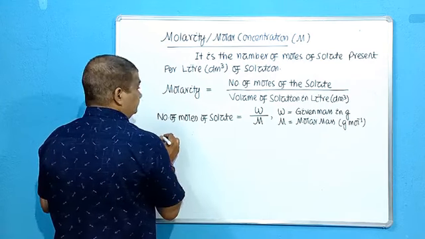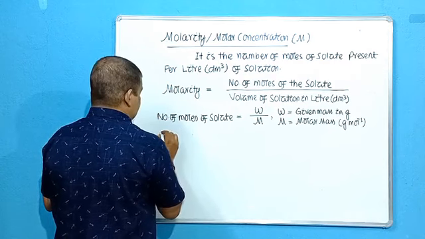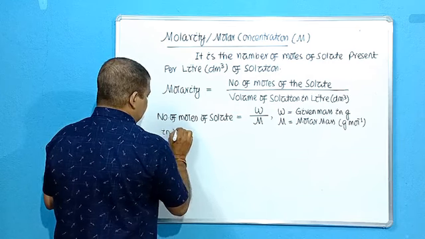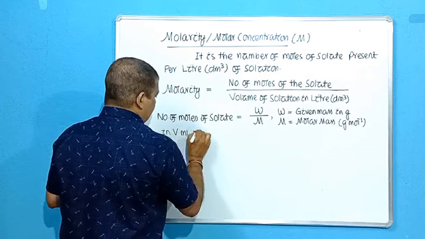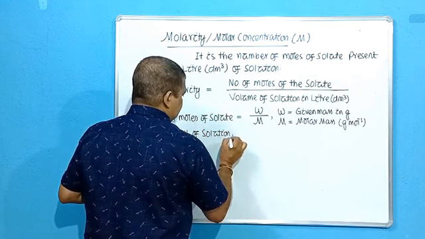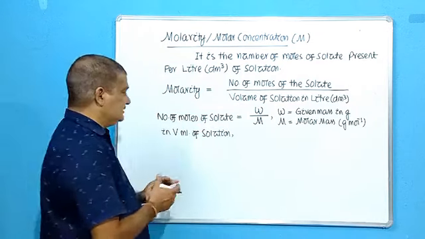Okay. Then suppose the solute is dissolved in V milliliter of solution. So V milliliter of solution means we have to express the volume of the solution in liters.